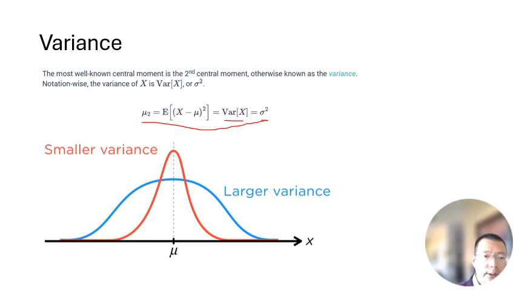If you see in this graph, the red line is narrower. It means it has a smaller variance because every value is closer to mu, the central mu. And the other one, the blue line, has a larger variance because the values are further from the mean. That's the use of variance.